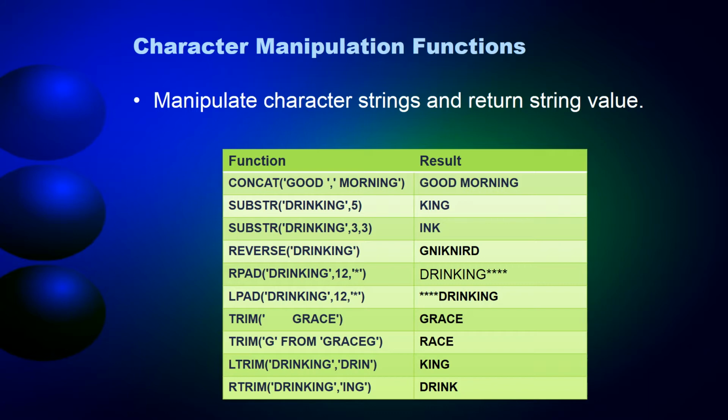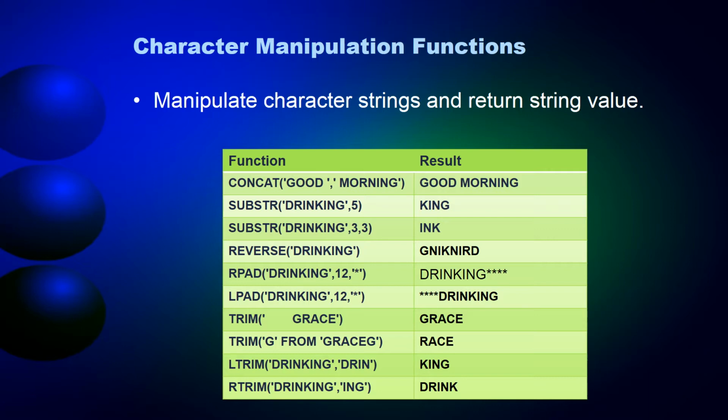Next is the substr function, that is the substring function, which is used to get a substring from the main string. This function is of two types. The first has two arguments, that is the main string and a position, where the starting position of the substring is given.